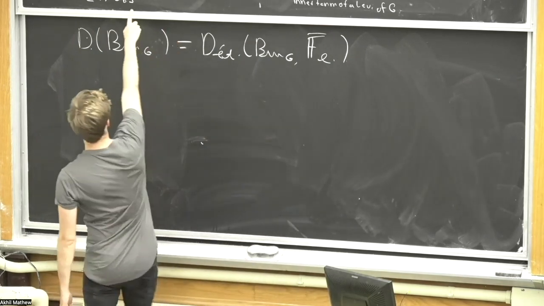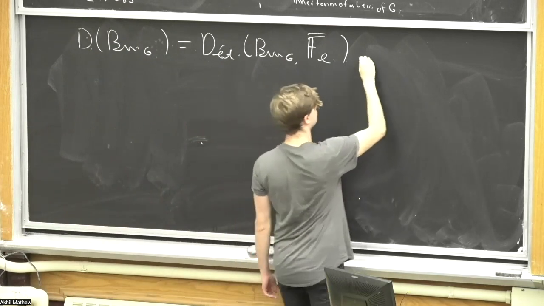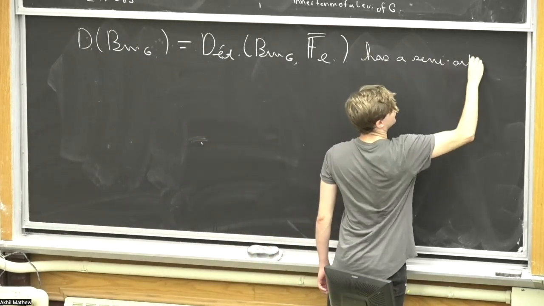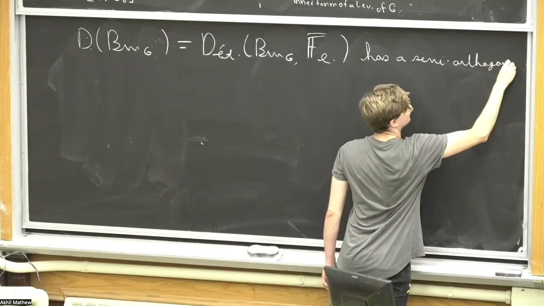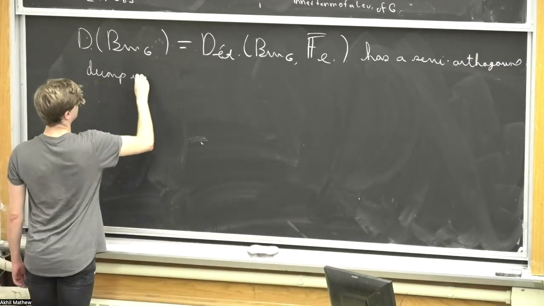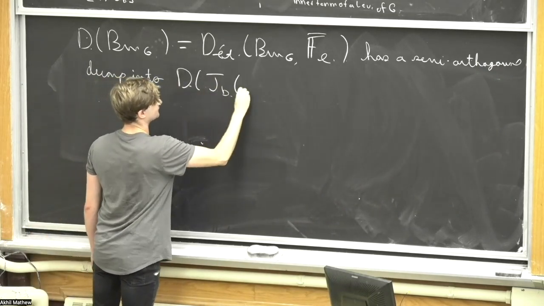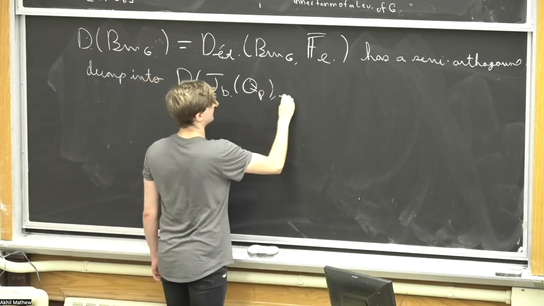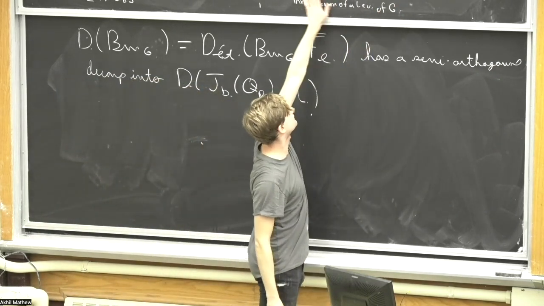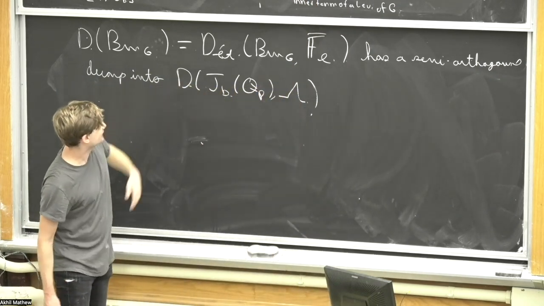And by the fact that you have this decomposition into these locally closed subsets, by excision, this has a semi-orthogonal decomposition into derived categories of smooth representations of this p-adic group. Essentially this unipotent part isn't going to contribute, and you're just going to see the classifying stack of this. So you can identify sheaves on it with just this category of smooth representations.